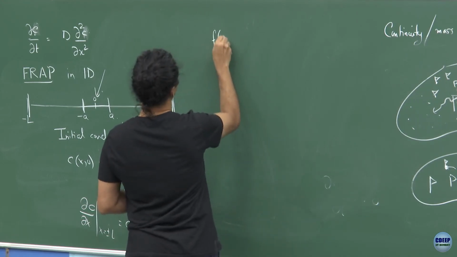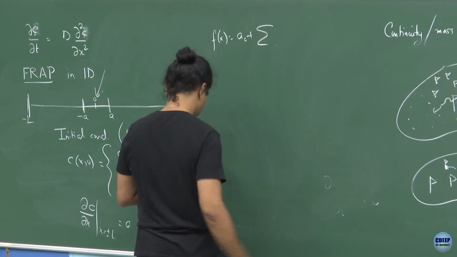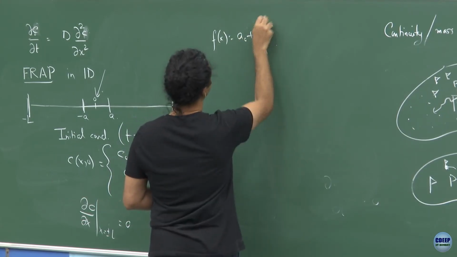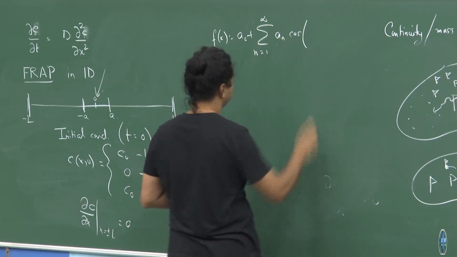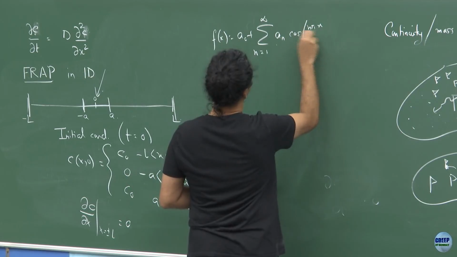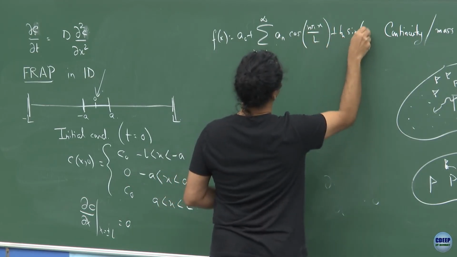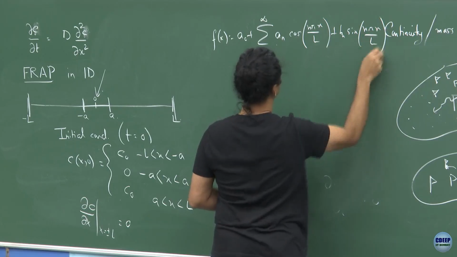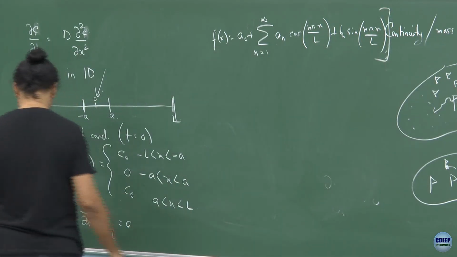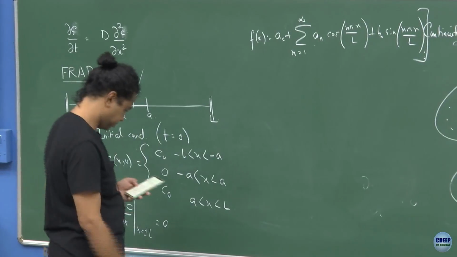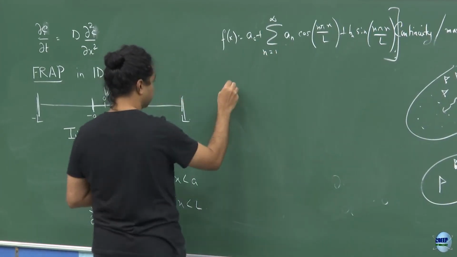So, f of x is a naught plus sum over n equal to 1 to infinity of a n cos n pi x over L plus b n sine n pi x over L. Okay, something like this. And these Fourier coefficients can just be read off.